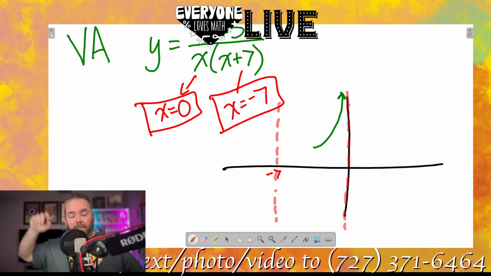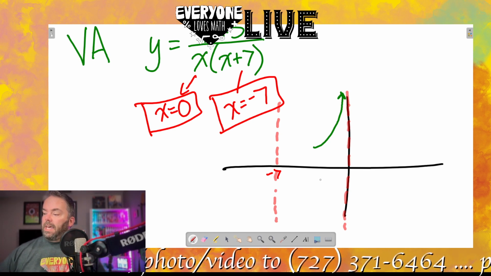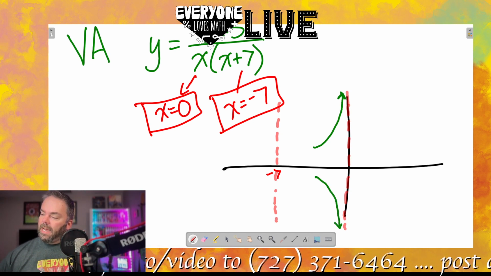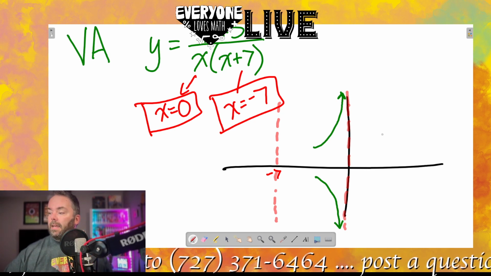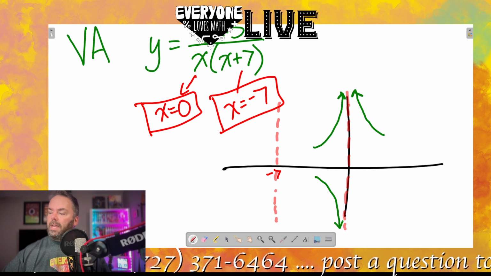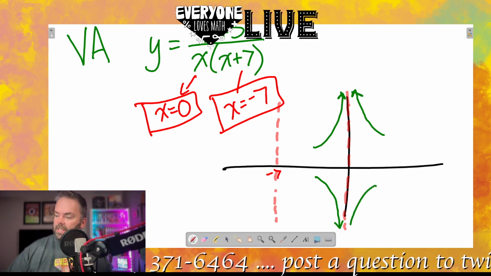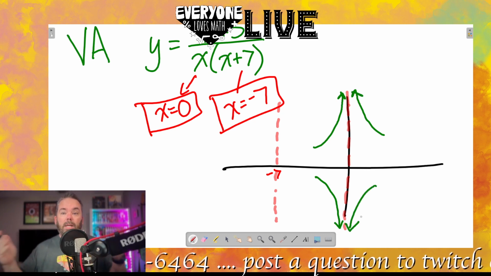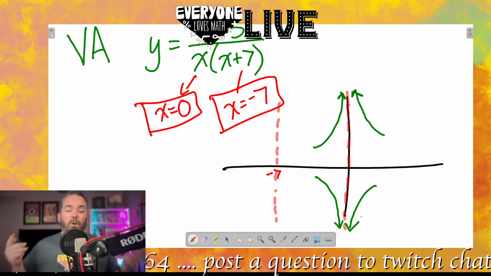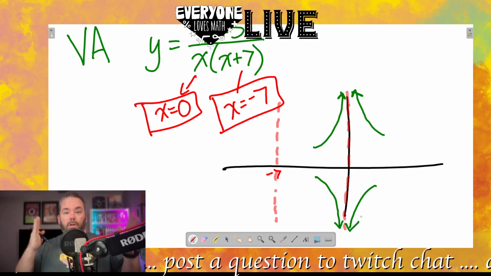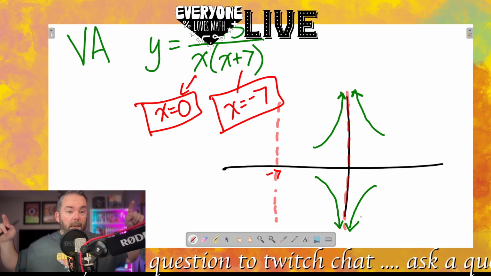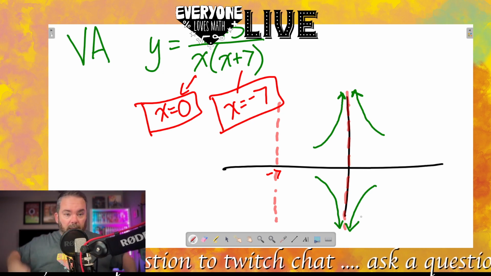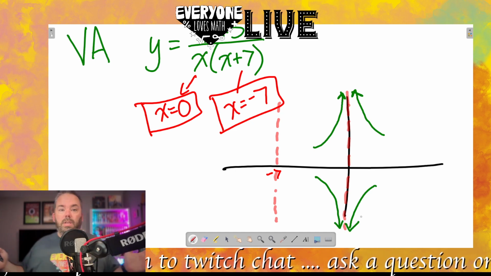It could be going up to heaven, right? Or to the left side of 0, maybe this function is going down to hell. I don't know. It's doing one of those. On the right side of 0, maybe this thing is going to heaven. Or maybe this thing is going to hell, right? Those are really the options for what this function does in the neighborhood of 0. It either goes to heaven on one side and hell on the other, or maybe it goes to heaven on both sides or it goes to hell on both sides, right? Those are the options.